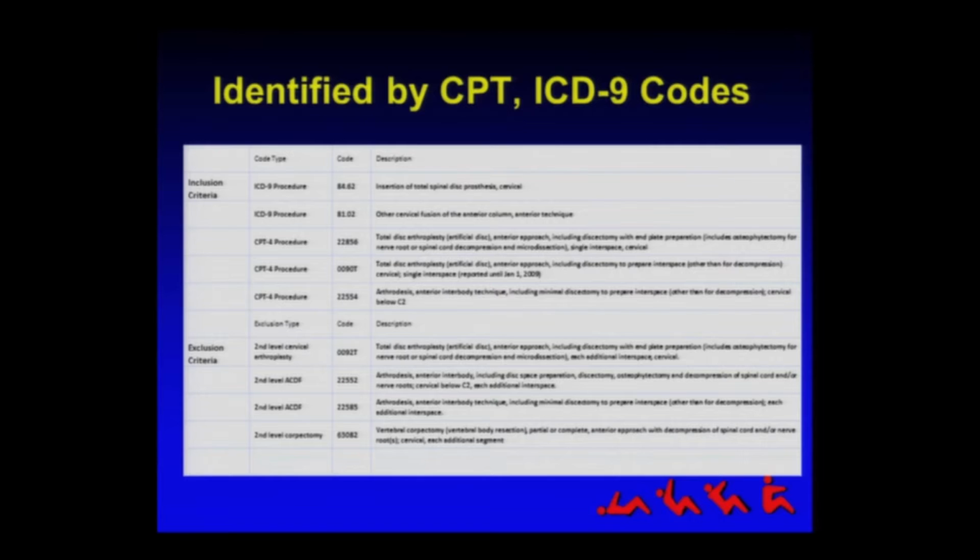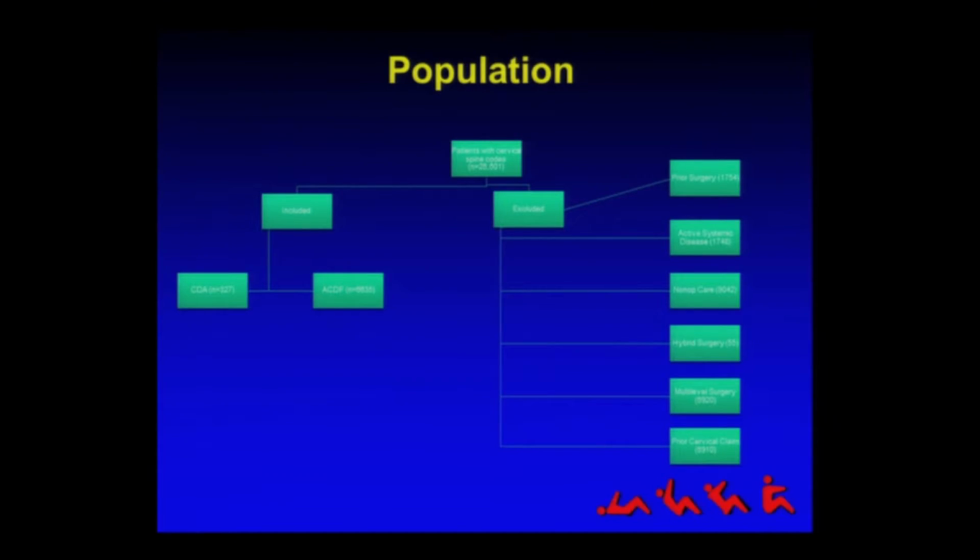So we tried to mimic the same inclusion criteria that were in the FDA study. We're able to identify this looking at Blue Cross's data by the ICD-9 and CPT codes. So we're working backwards from their payments into their codes to get these patient populations. So you start with 26,000 patients who were treated with for cervical spine codes.